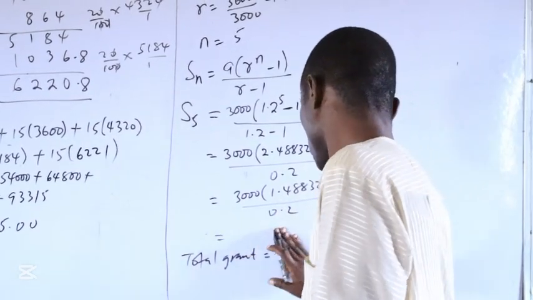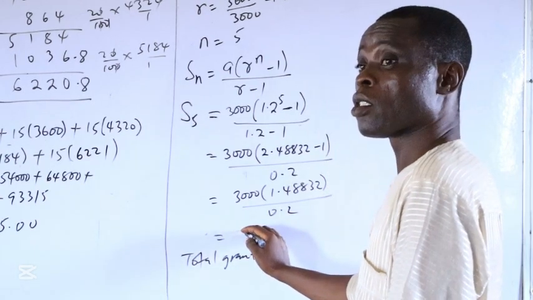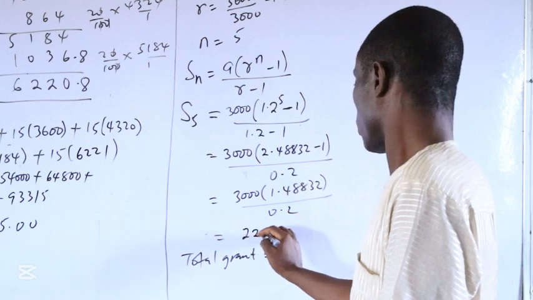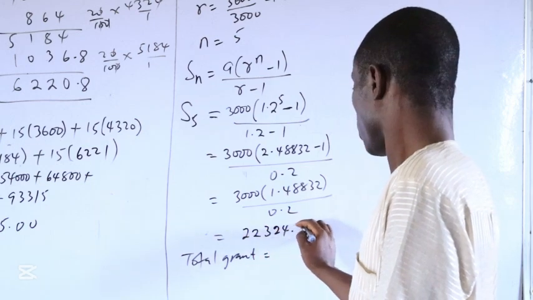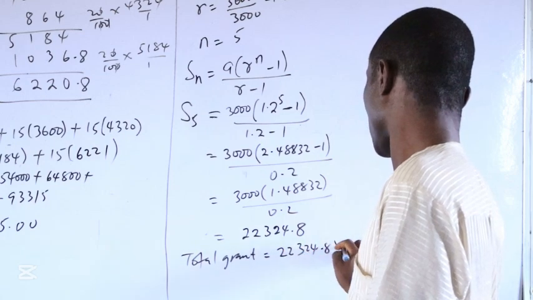That gives 22,324.8. So 22,324.8 times 15.